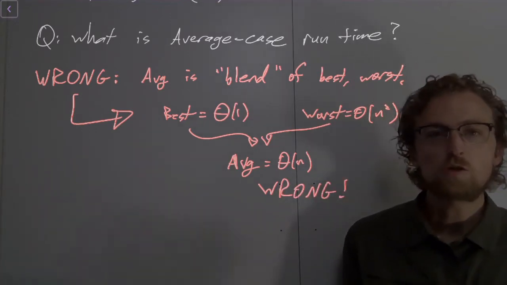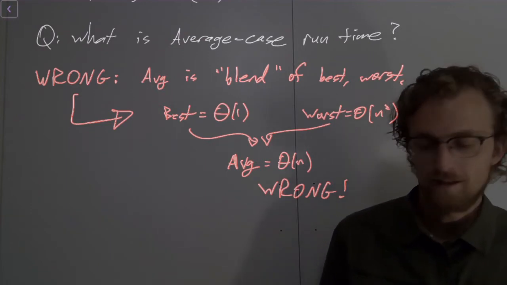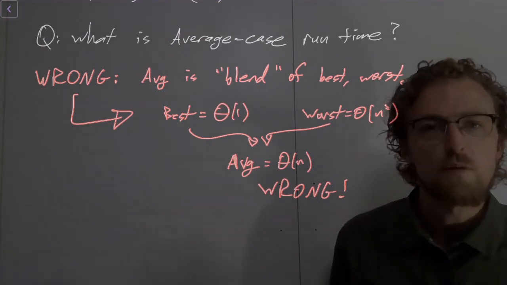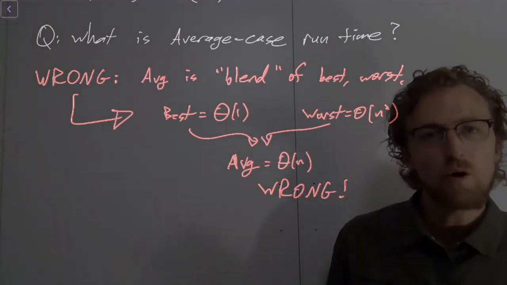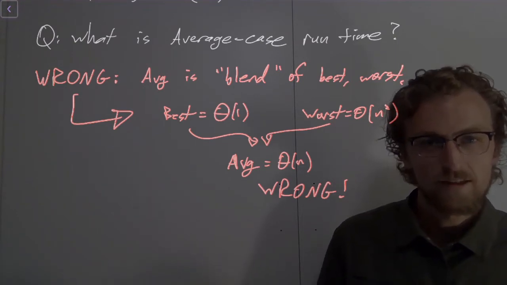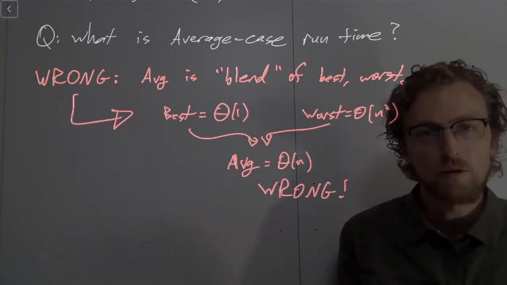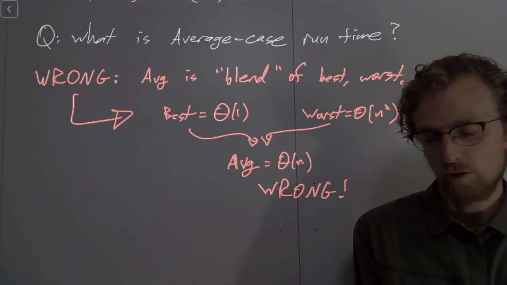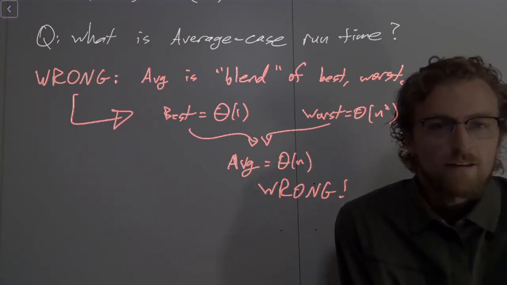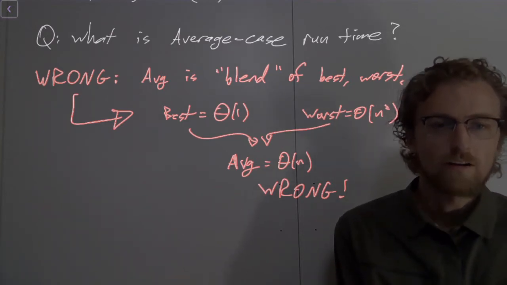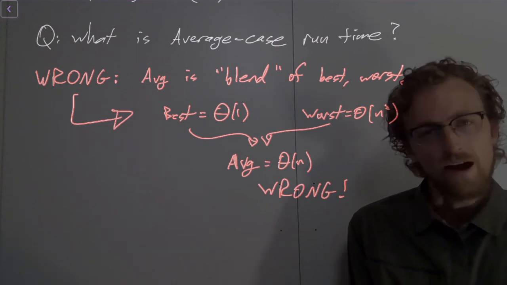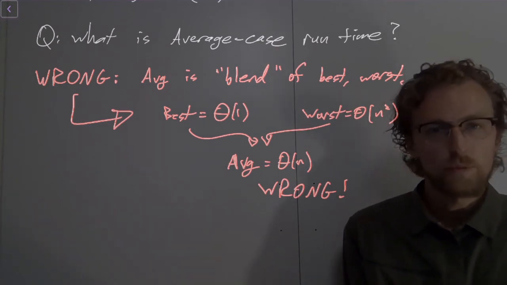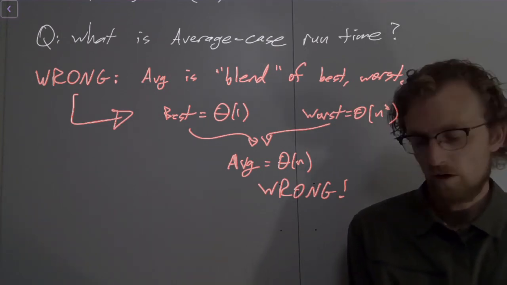Don't ever assume that the average case is something that you can eyeball. You can never eyeball the average case. This is the thing that you must take forward with you. And the question is why? Why is it wrong to try to eyeball the average case as being something that splits the middle between best and worst?